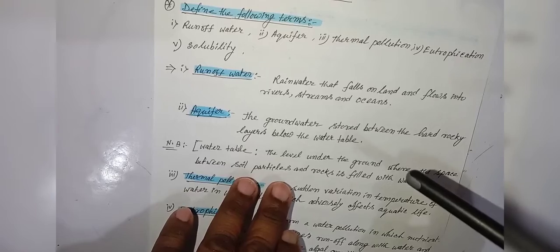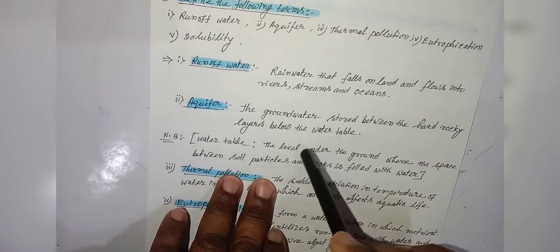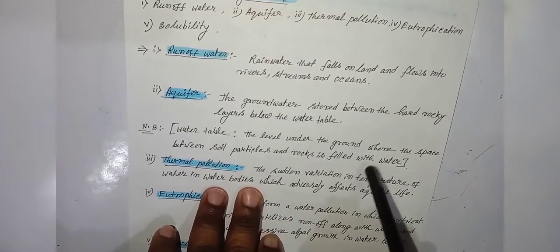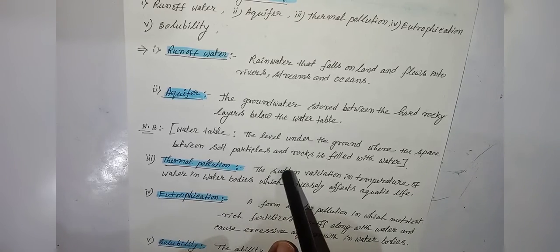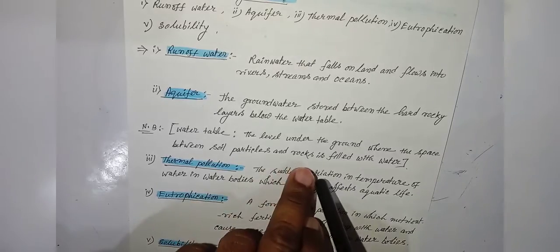What is the water table? The level under the ground where the space between soil particles and rock is filled with water.